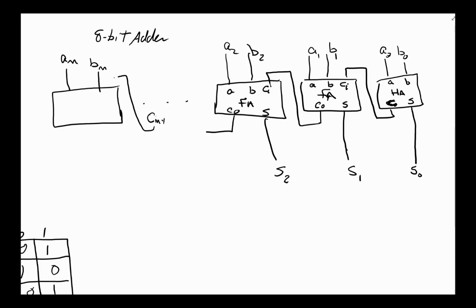This is going to come up, and it's going to go in here for the C in, B, and A. This carry out and the sum is going to come out here. So the sum is going to be Sn, and this is going to be Sn plus 1. When we sum two numbers with n bits, in this particular case n is equal to 8, but you could make n equal to anything you like. And here now we have as big an adder as you want.